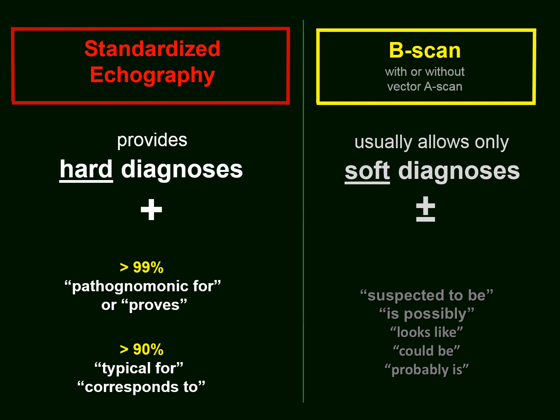But that's the difference between standardized echography and B-scan. Besides the quantity of the information we get from both techniques, standardized echography provides 100% of the possible differential diagnosis.